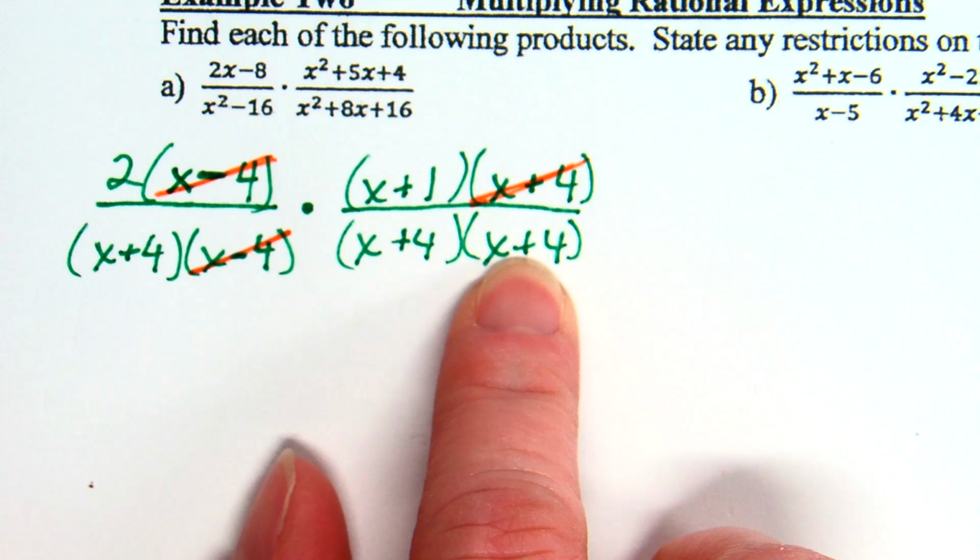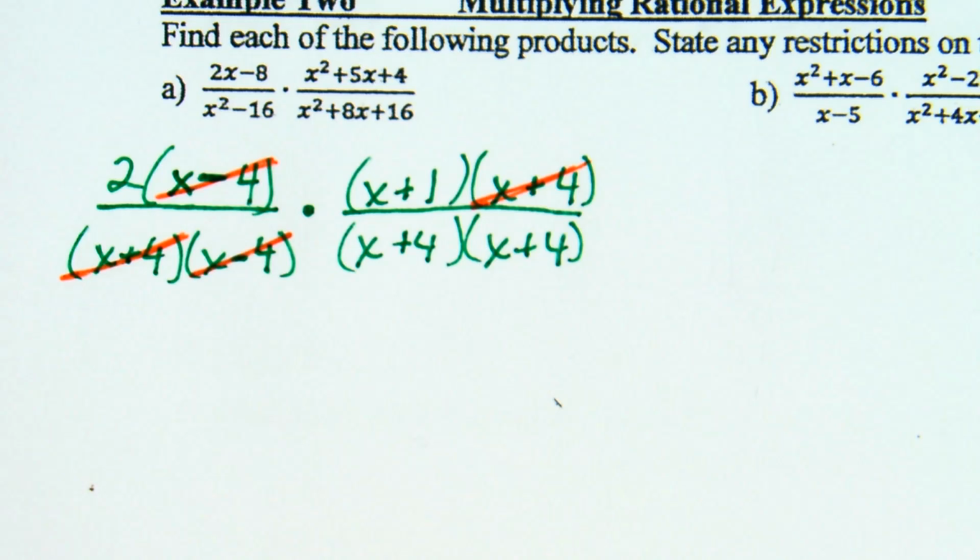I'm canceling with that one just to make the point that one piece of the numerator of either fraction can cancel with one piece of the denominator, either fraction. I'm just trying to make that point. Does it matter which x plus 4 you cancel? No, as long as you're just canceling one.